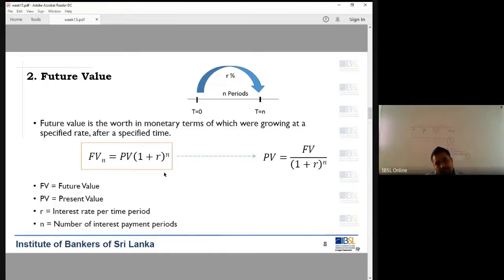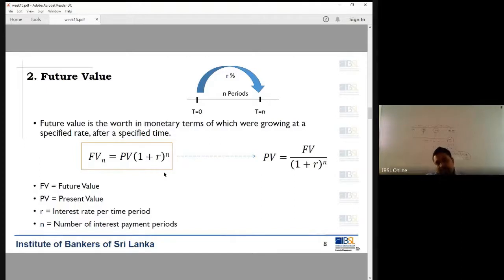Mathematically, we went to 110, then to 121, then to 133.10 as our answer for the future value after a time period of 3 years. But this equation suggests that what we have done could be mathematically summed up as 1 plus r to the power n, and easily calculate the future value at any time period.